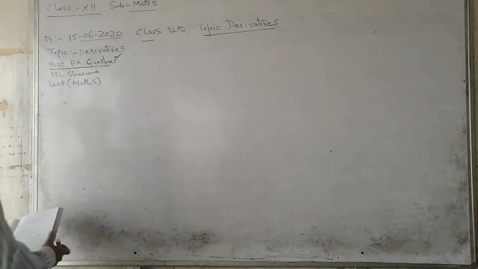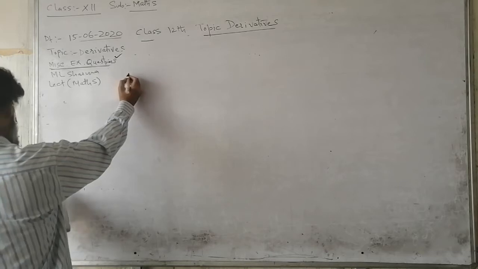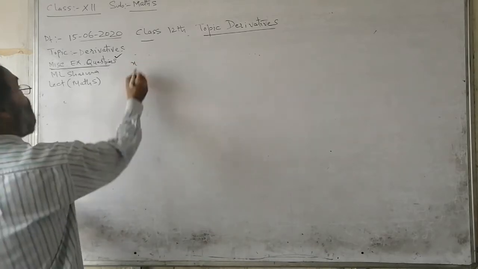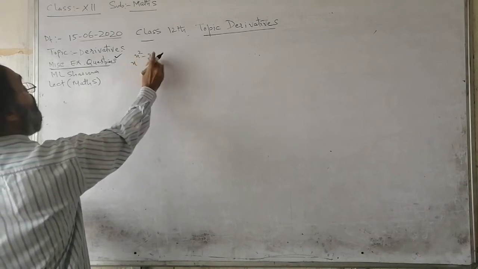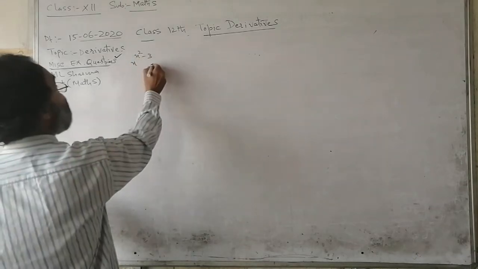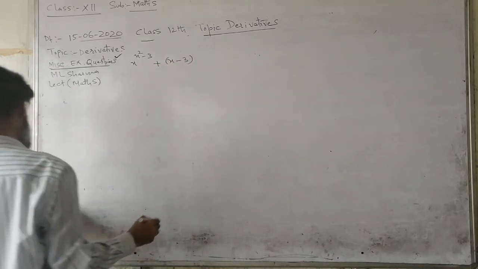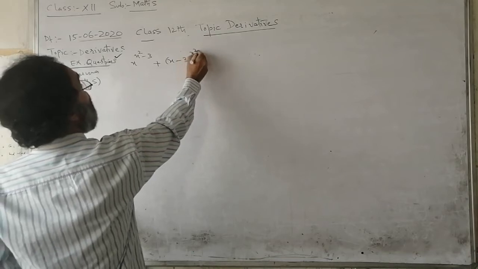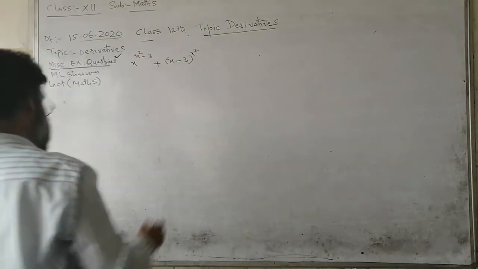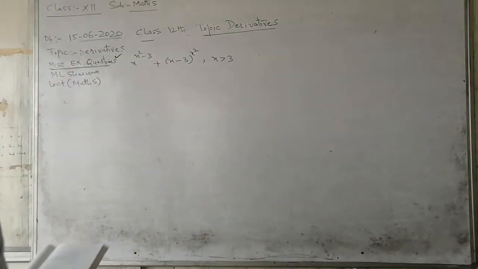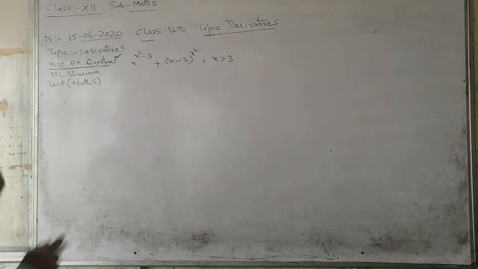So next question is, he says y equals x raised to power x square minus 3, plus x minus 3 raised to power x square, and x is greater than 3. You have to find the value of dy upon dx, that is its derivative.